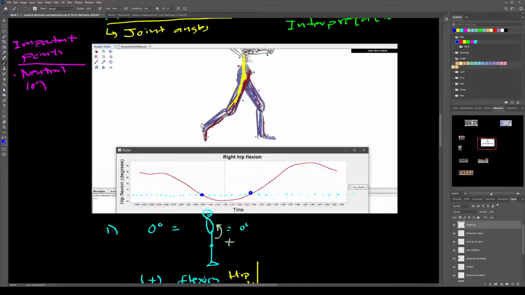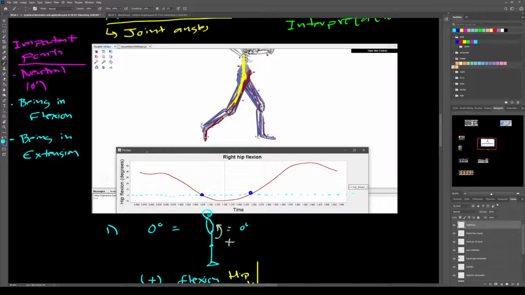Let's also think about being in flexion. And I'm going to write also being in extension, because obviously that's just the opposite. So what does it mean to be in hip flexion?